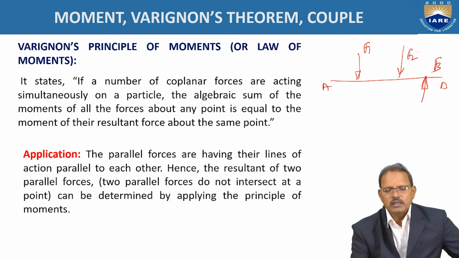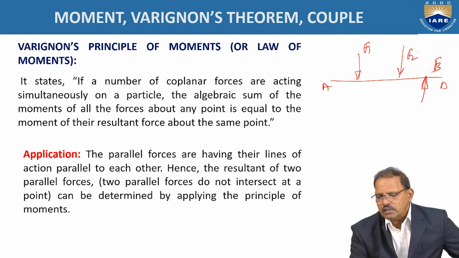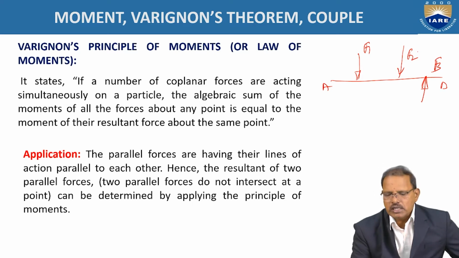F1, F2, F3 are coplanar forces, that is, all lie in the same plane. It may be a vertical, horizontal or inclined plane, but all the forces lie in the same plane. When they act simultaneously on a body, the algebraic sum of the moments of F1, F2, F3 about any point is equal to the moment created by the resultant force at the same point.